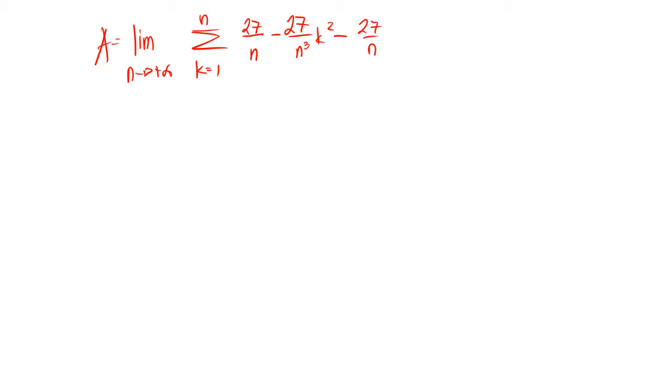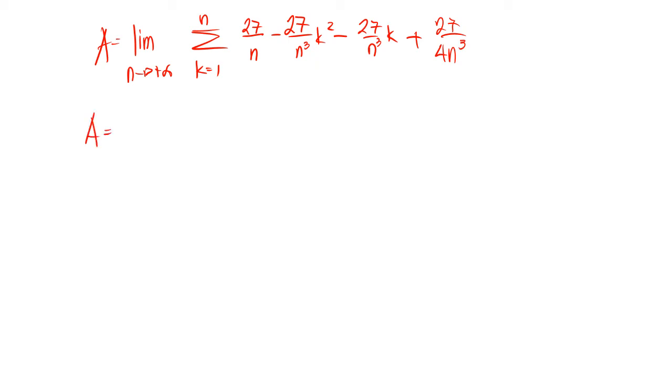So, the last equation natin is area equals the limit as n approaches positive infinity of the summation of k equals 1 to n, 27 all over n minus 27 all over n cubed k squared minus 27 all over n cubed k plus 27 all over 4n cubed.